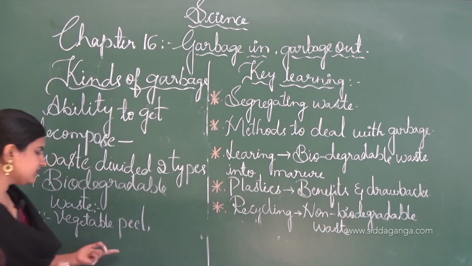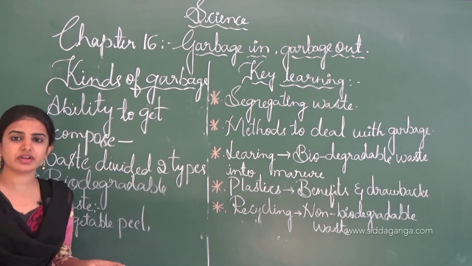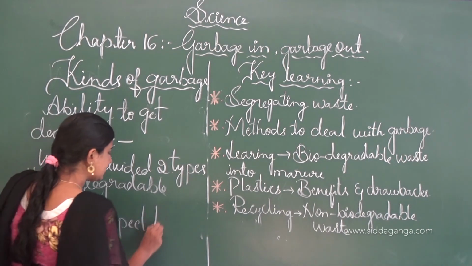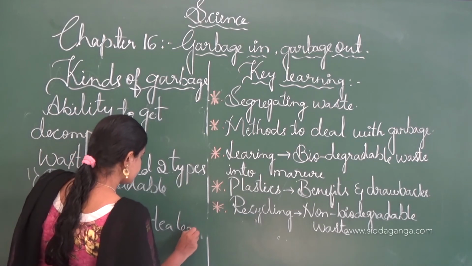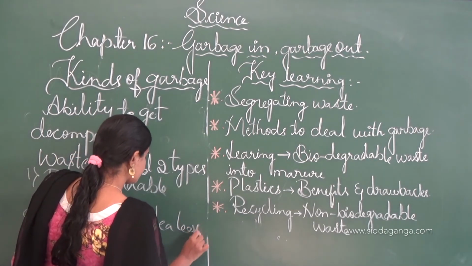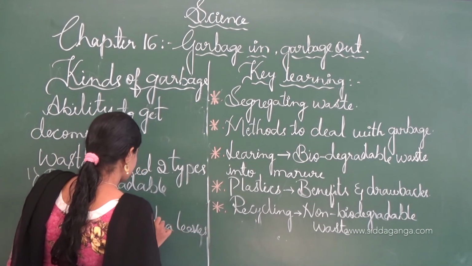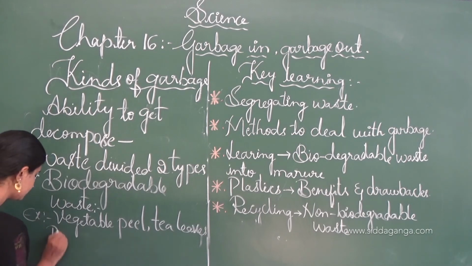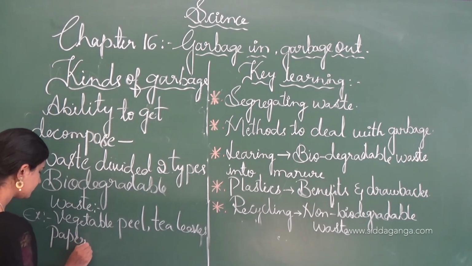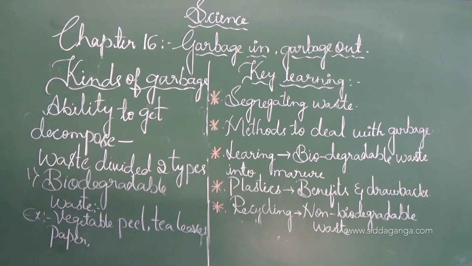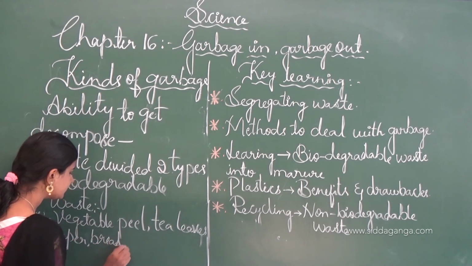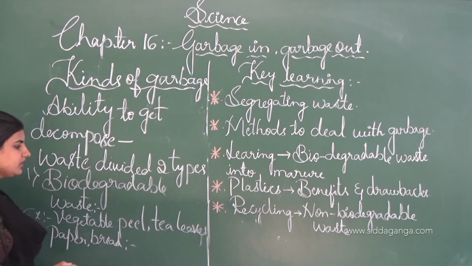Vegetable peel is nothing but the outer covering of the vegetable. Vegetable peel, tea leaves, paper, bread, etc. are examples of biodegradable waste.